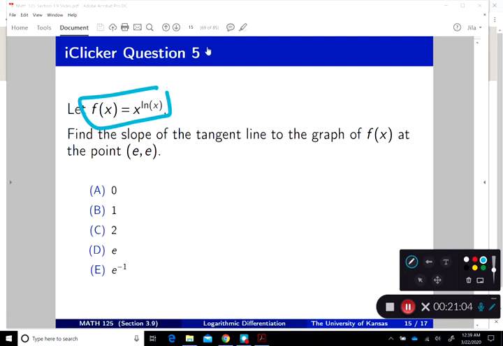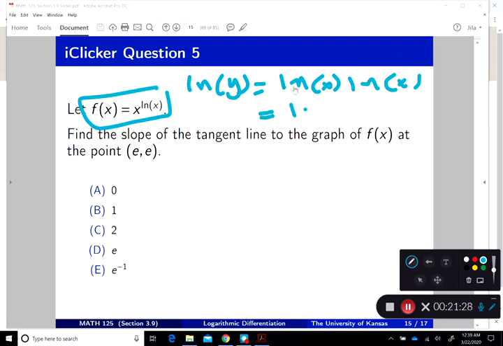Look at this, the function is non-constant to the power non-constant, so I'm going to take the natural log of both sides first. And the natural log of x comes down, that's the power, times natural log of x. Oh, this is just natural log of x to the power 2. This was the first step.